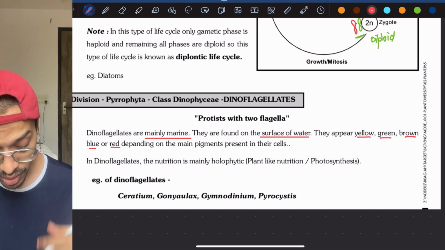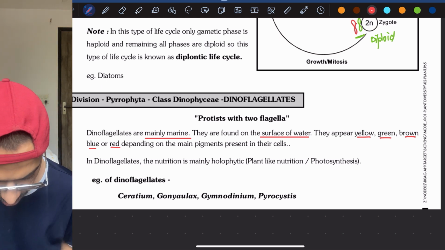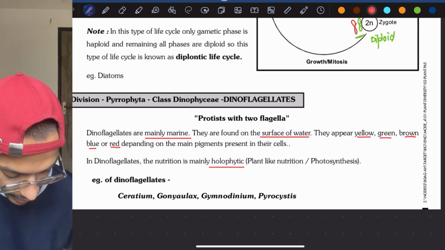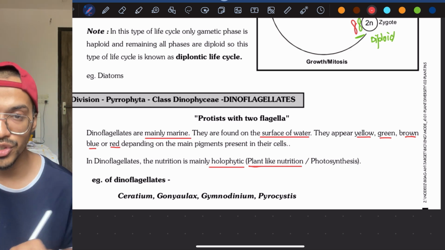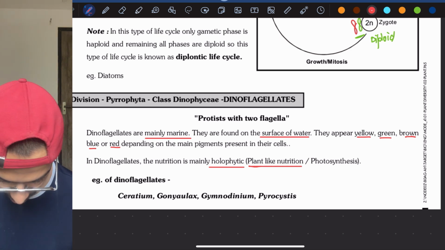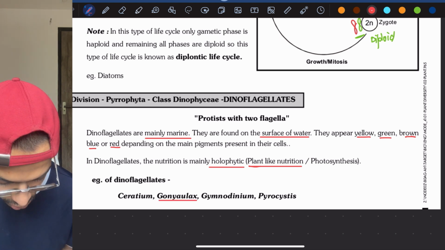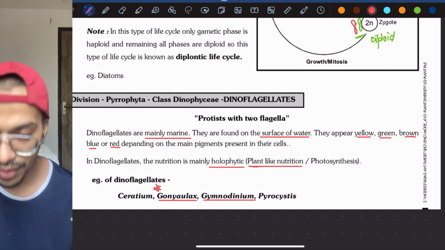But over here dinoflagellates give red tides because of their color. Dinoflagellates are holophytic, meaning they have plant-like nutrition. Examples of dinoflagellates are Gonyaulax and Gymnodinium. These two are given in NCERT, so you have to remember them.